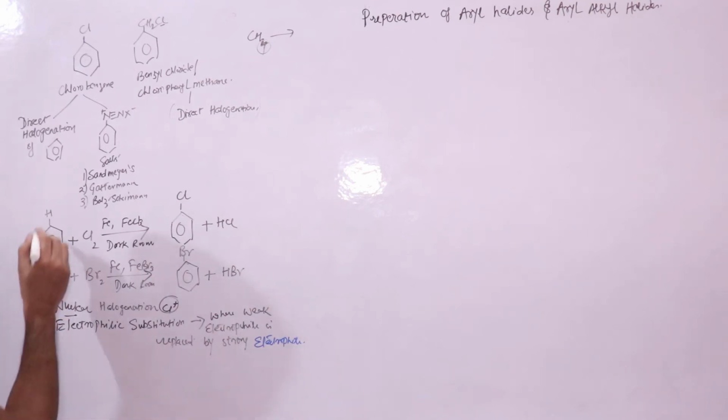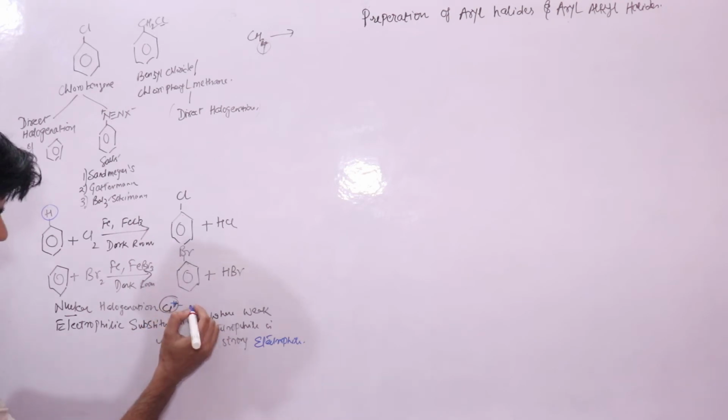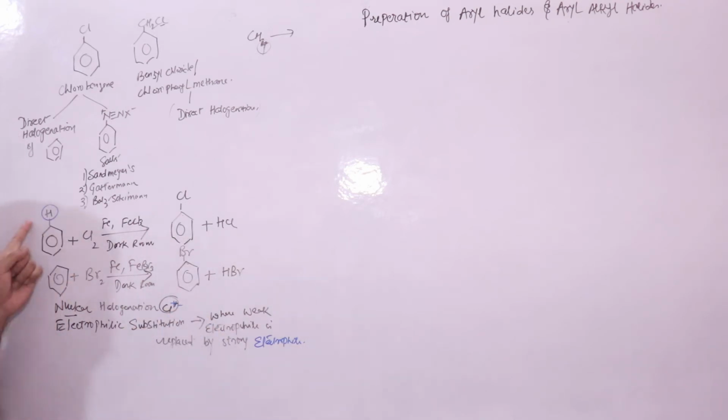Here the weak electrophile is your hydrogen, the proton, and your strong electrophile is your chloronium, in this case bromonium. So this electrophile will replace the weak electrophile, the proton, right.